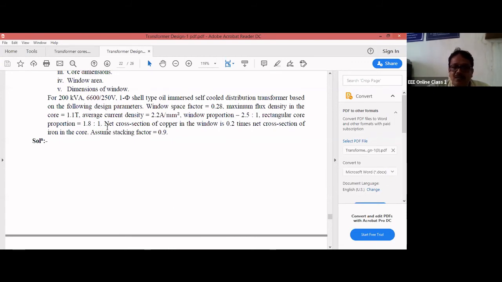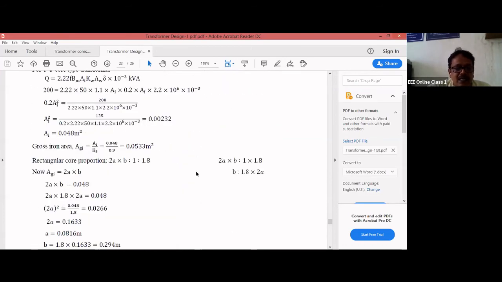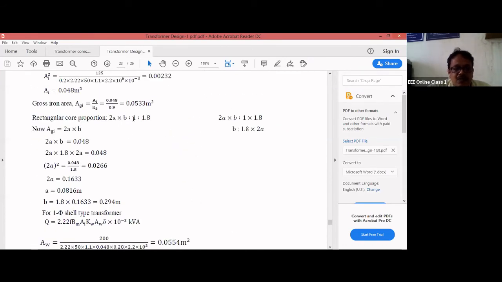So what I have to write here is 2a into b is 1:1.8. 1 corresponds to 2a, and b corresponds to 1.8 because the depth will be more. Like that you have to write it. So 2a into b is 1:1.8, depth is 1.8 and 2a is equal to 1. Come back here.